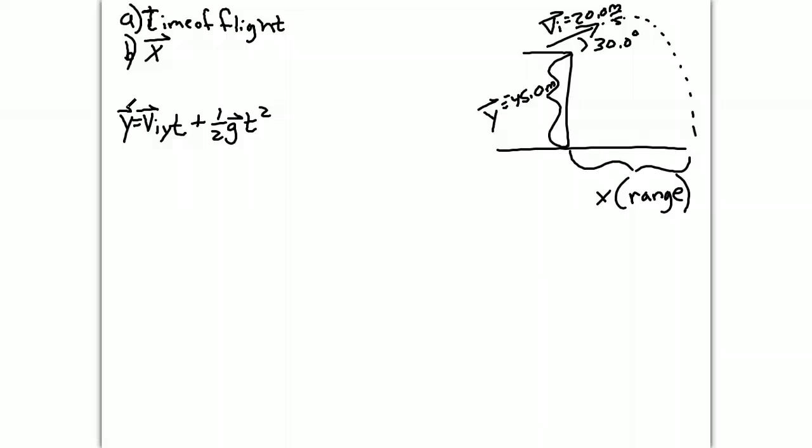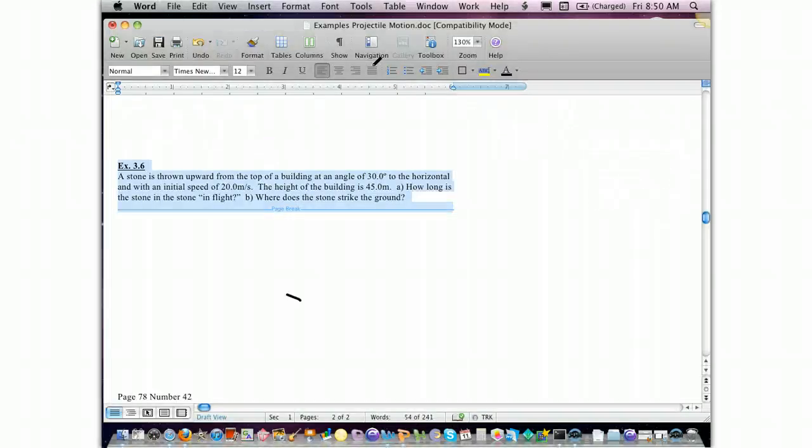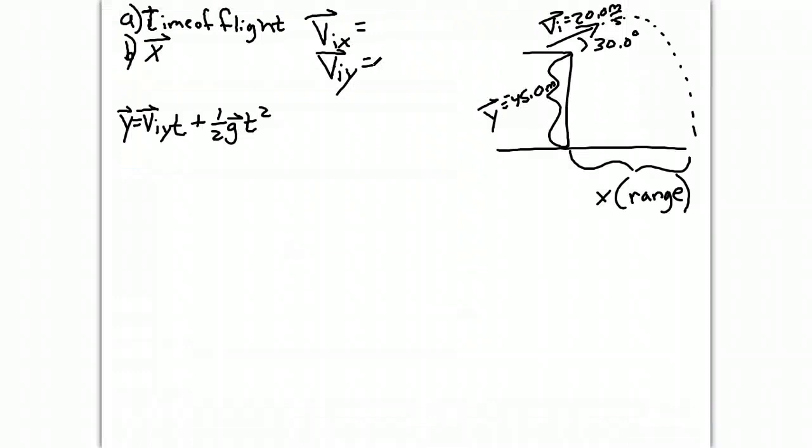So before we put the numbers in there, let's go ahead and solve for VIX and VIY. I'm going to be restating some stuff from the other two example problems as far as the initial components. Our initial velocity is at an angle. VIX is in the x direction. VIY is in the y direction. After we solve for the components, we do not need VI.